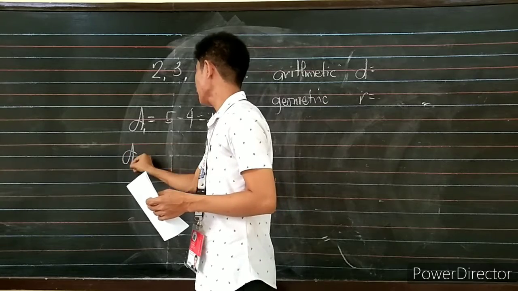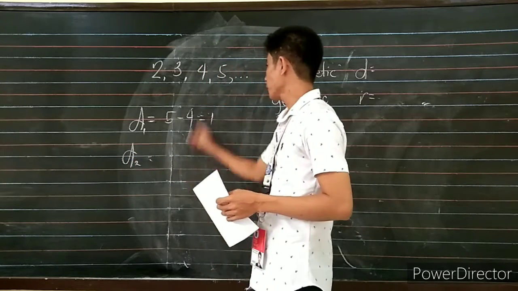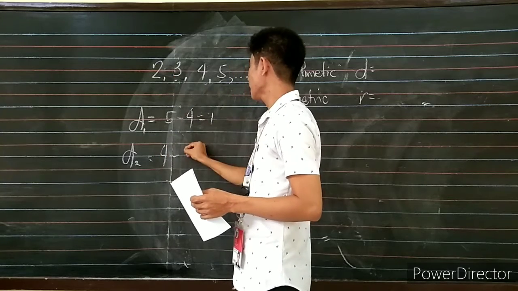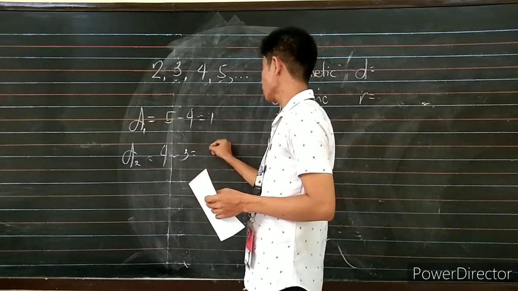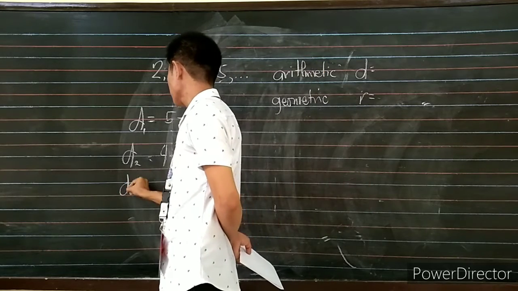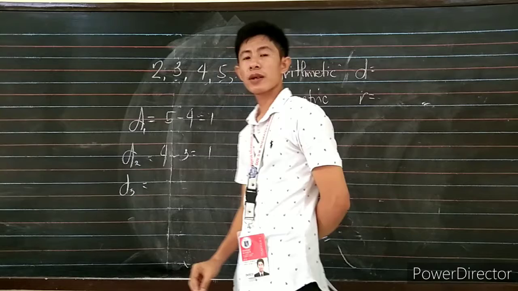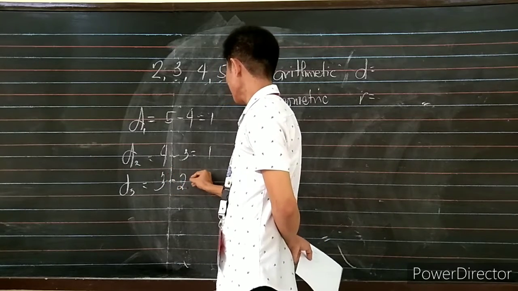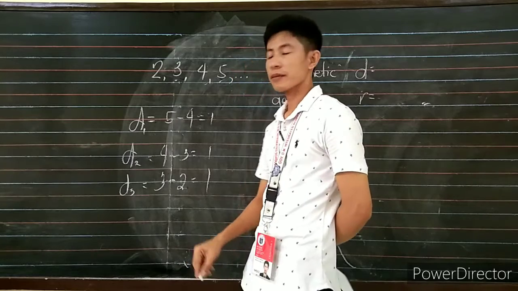How about for our second difference? We have 4 minus 3. That is equal to 1. And for our third difference, we have 3 minus 2 is equal to 1.